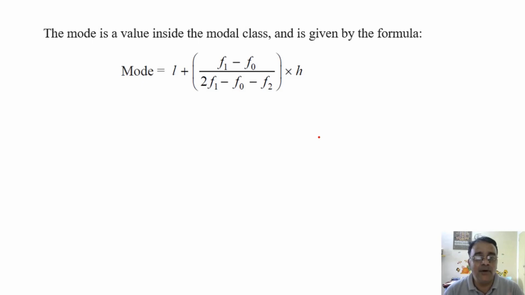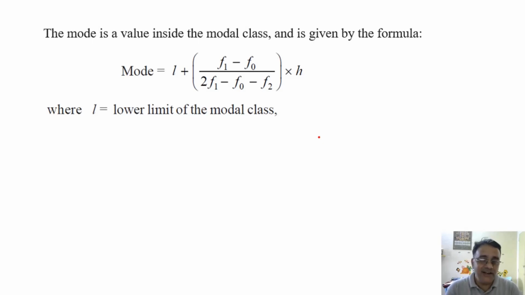L is the lower limit of the modal class. मॉडल क्लास क्या है, जिसका फ्रीक्वेंसी सबसे ज्यादा है. I repeat, modal class is the class interval whose frequency is maximum.